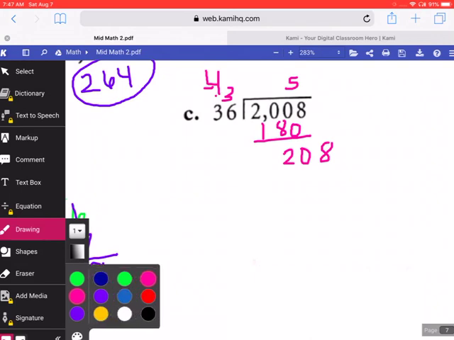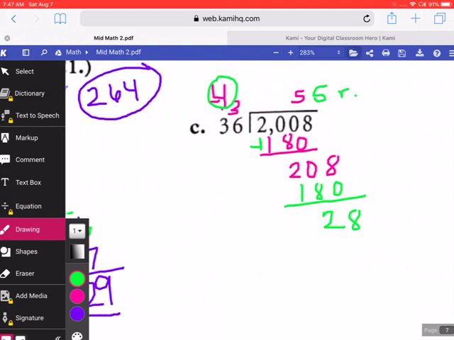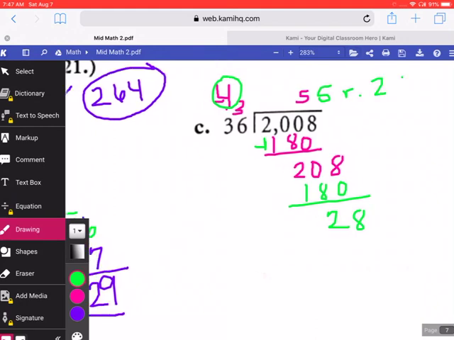So if we guess with our 4 up here, 4 would go into 20 again 5 times. And we know that 5 times 36 is 180 because that's what we've done right here. So 180, that will leave us with 28. 28 is less than 36. So 55 with a remainder of 28 would be our answer. Okay?